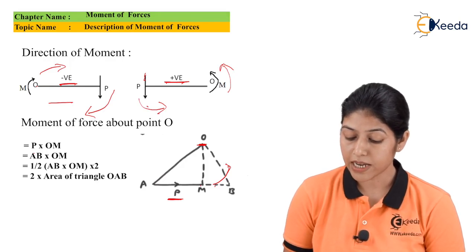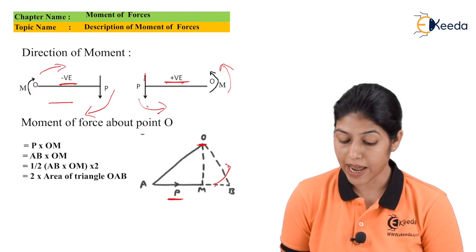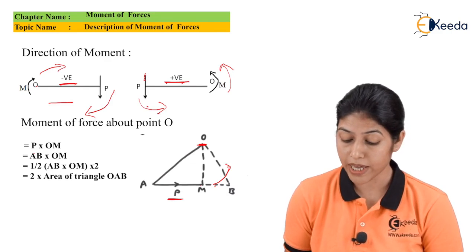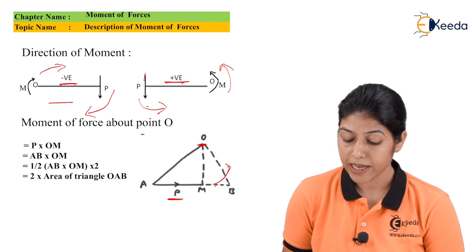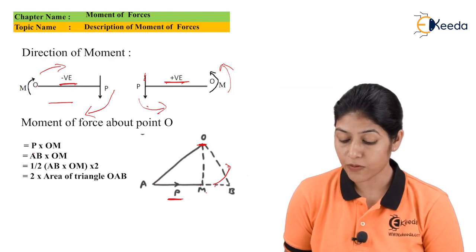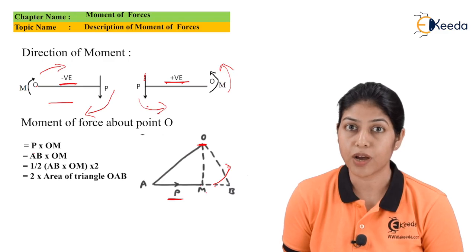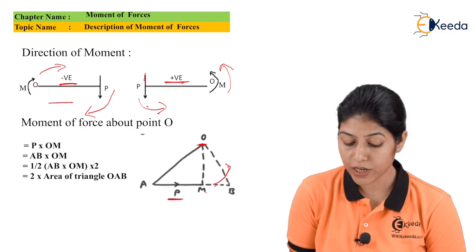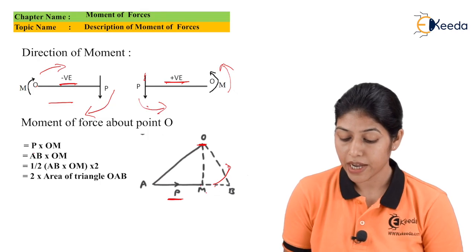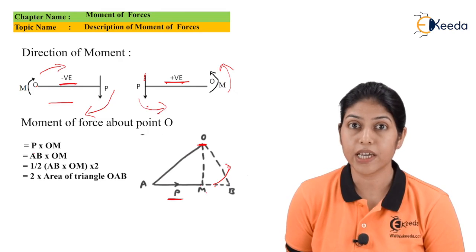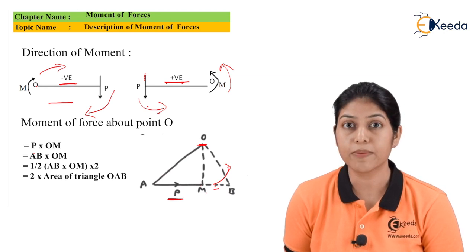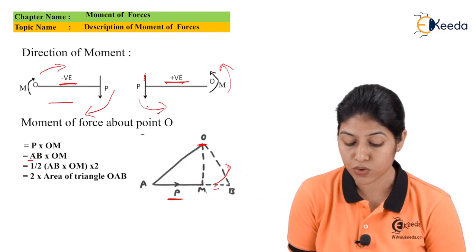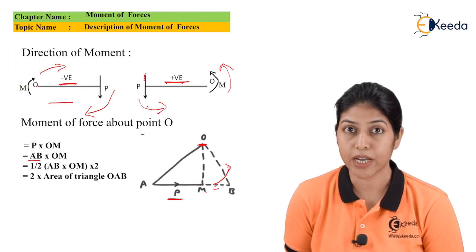Now, if we consider this diagram as the triangle OAB, this triangle OAB represents the condition of moment where the force P is rotating about this particular point O. So we can write this term P into OM as AB into OM, because P is equivalent to AB. Here AB represents the magnitude and direction of force P, and OM is the perpendicular distance.